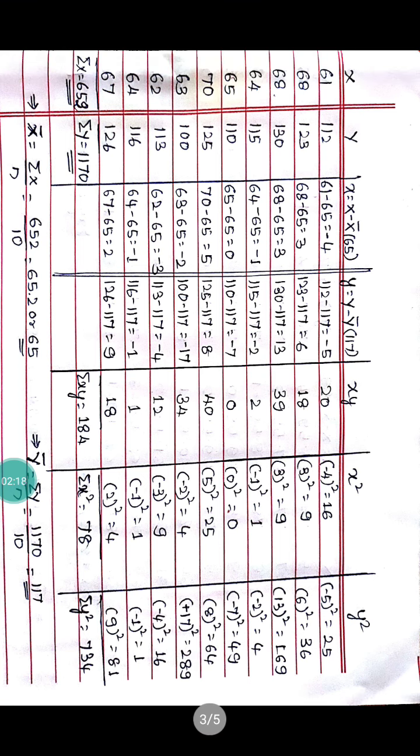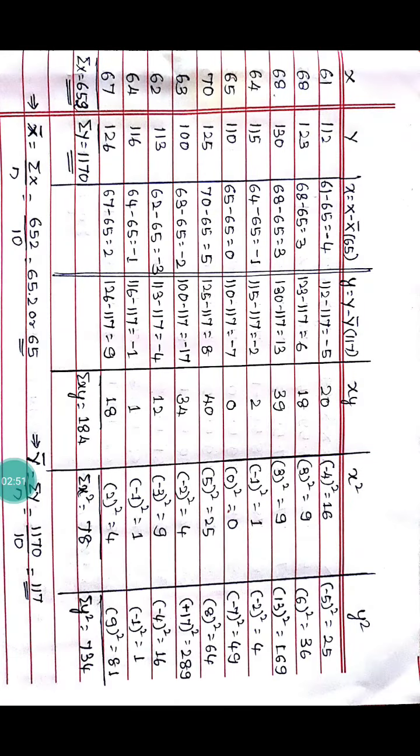How to calculate the x bar value? First we should total all the x observations, that is called summation x. The total we are having is 652. Y also has a summation, 1170.